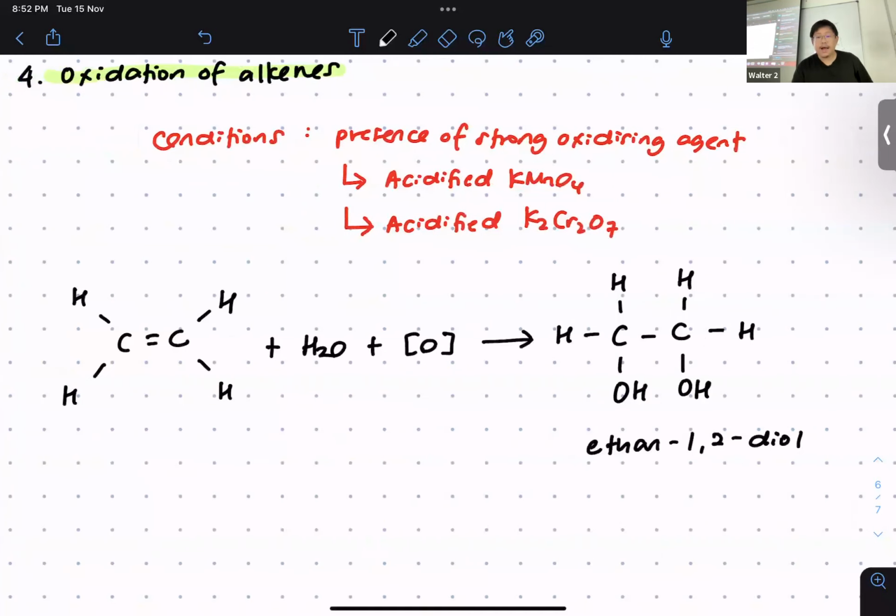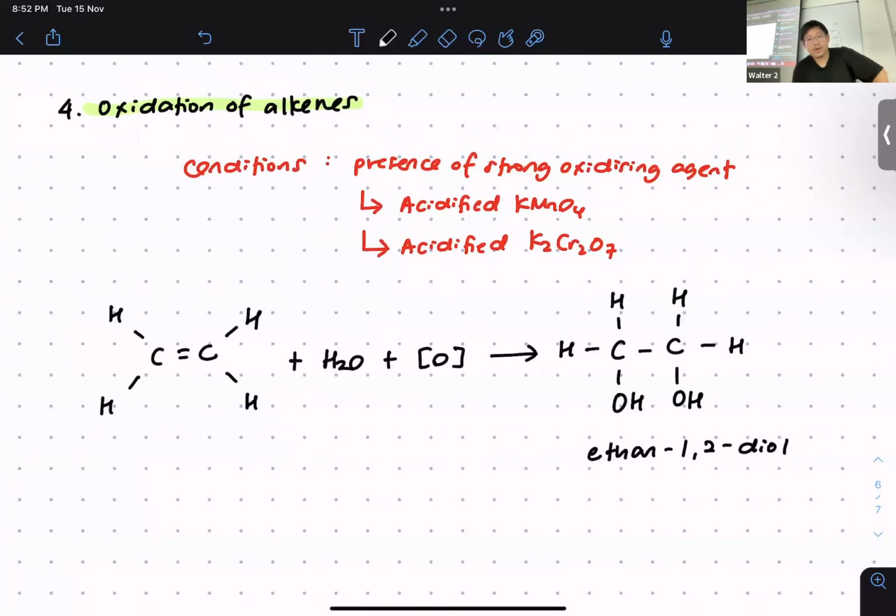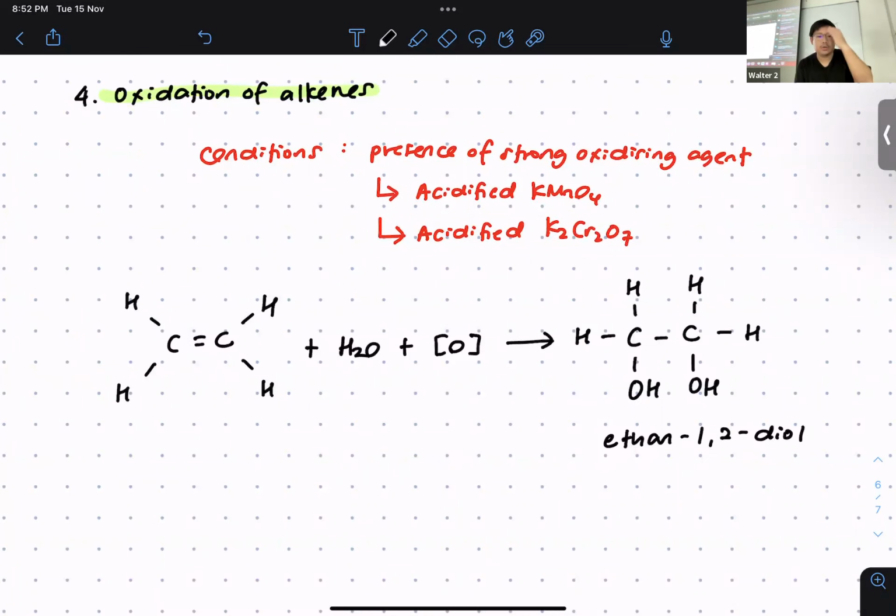A diol is a double alcohol. So no matter what alkenes we talk about, whenever you oxidize them with a strong oxidizing agent, it will produce a diol for you.